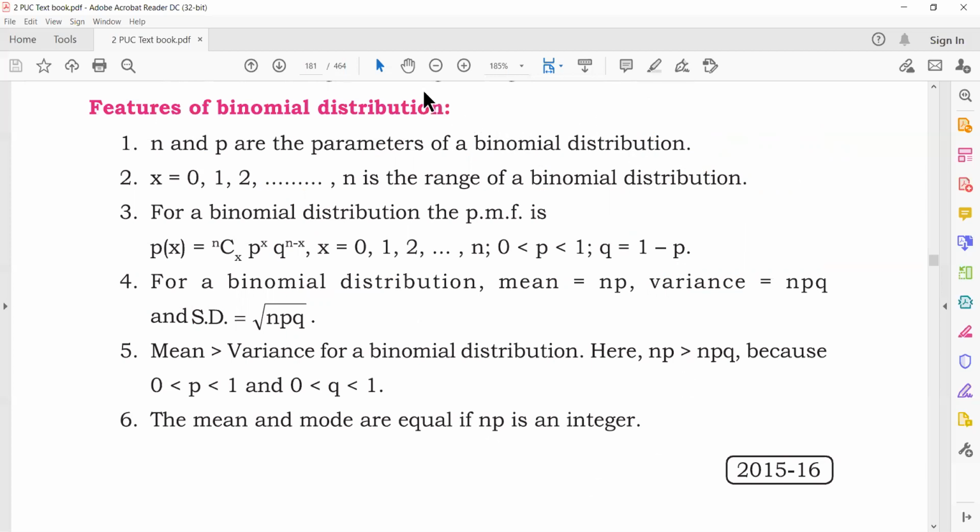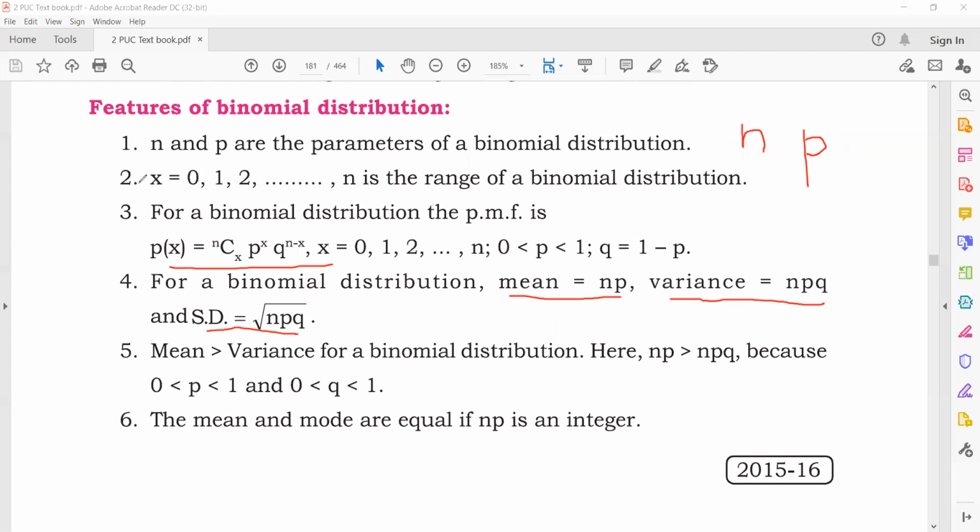Now, as said, our binomial distribution is based on the value of n and the value of p. So if you know the value of p, you can easily obtain the distributional properties like mean, variance, standard deviation. You can also see what exactly the PMF is.